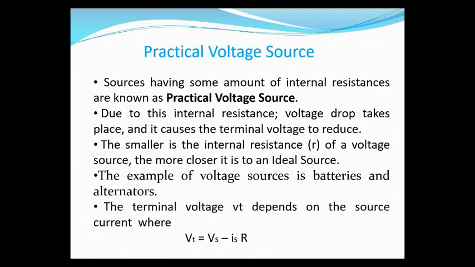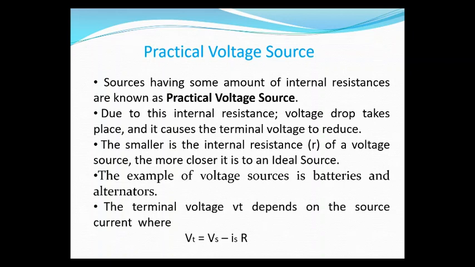So, practical voltage source. The source having some amount of internal impedance is known as practical voltage source. Due to this internal resistance, the voltage drop takes place and it causes the terminal voltage to reduce.